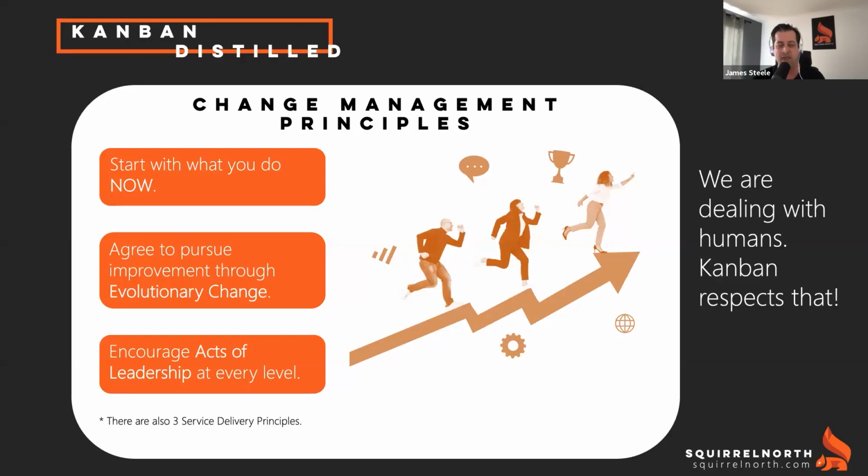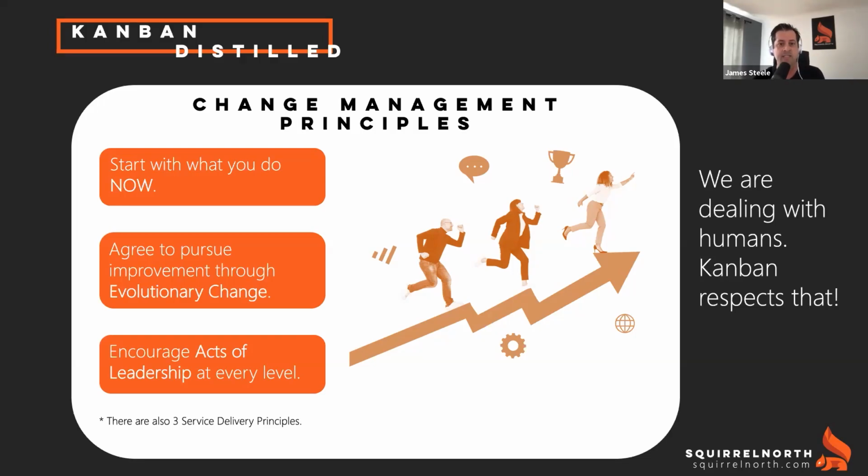So what do I mean by that? Well, the secret sauce to evolutionary change are 3 things. They're about introducing a stressor, providing a reflection mechanism, and then injecting acts of leadership. What do I mean by a stressor? Well, it's just a change.